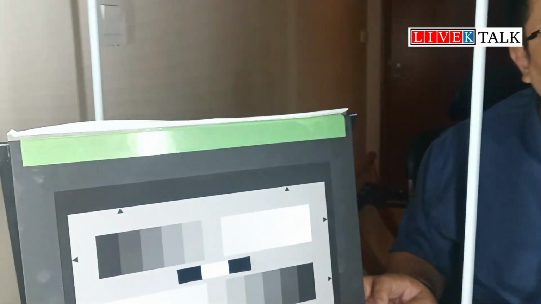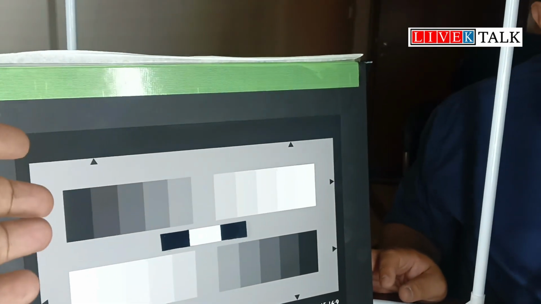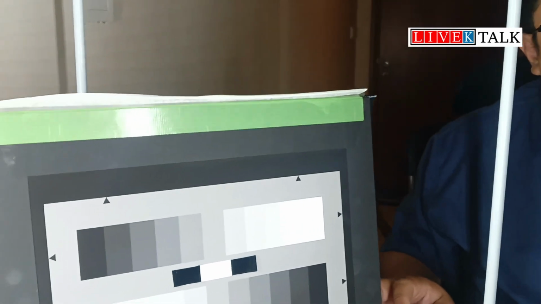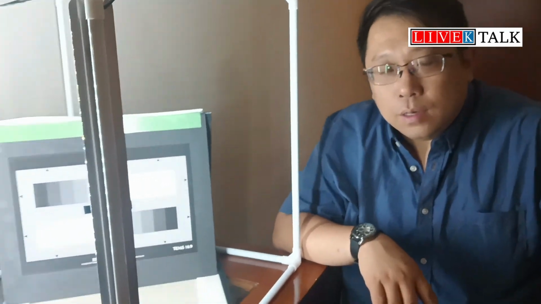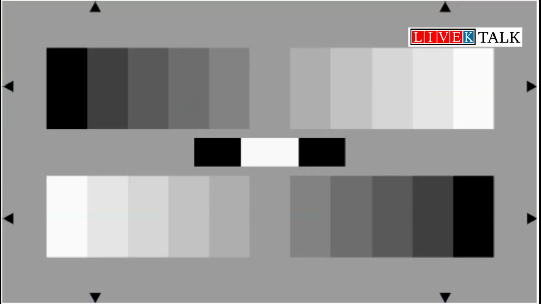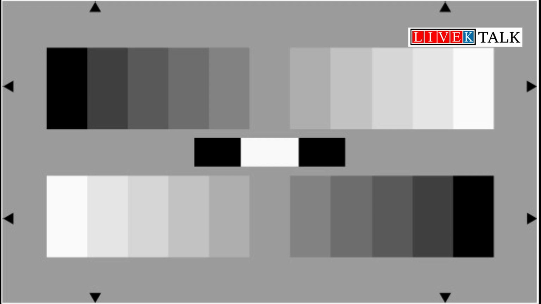Okay. It means it is created or developed by video engineers in order to achieve that X graph of adjustment on the waveform monitor. There may be different types of grayscale test chart, but in the case of broadcast industry, this one is the best.